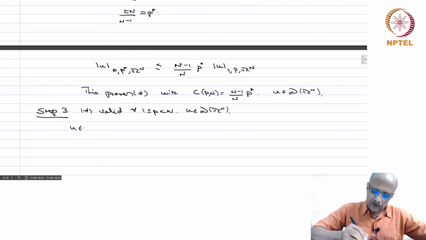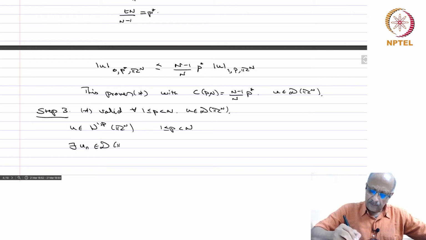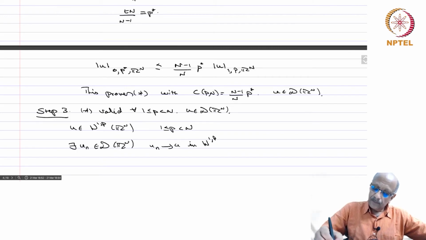So if u belongs to W^{1,p}(Rn), 1 less than or equal to p less than n, there exists u_n in D(Rn) converging to u in W^{1,p}(Rn).